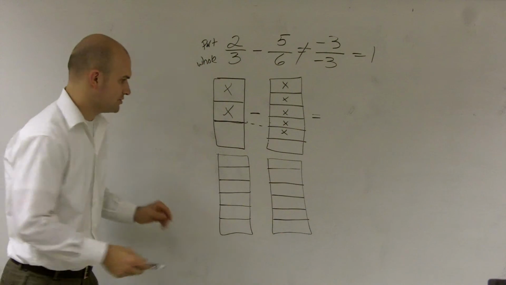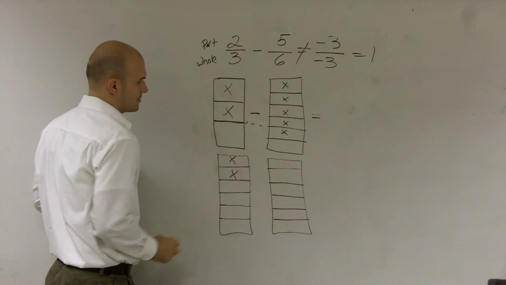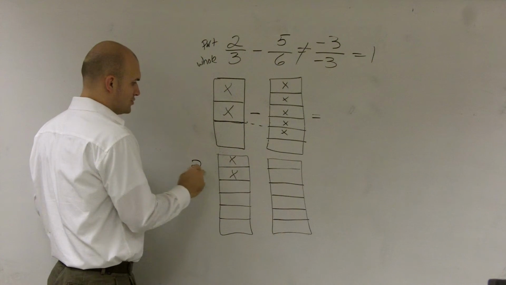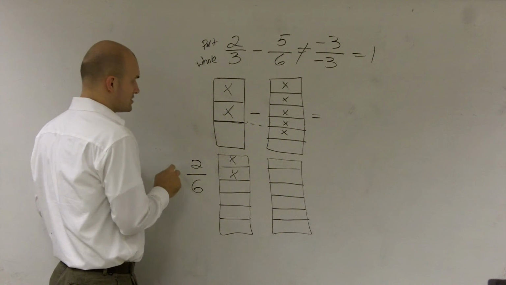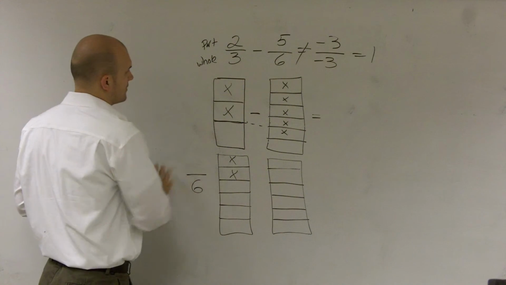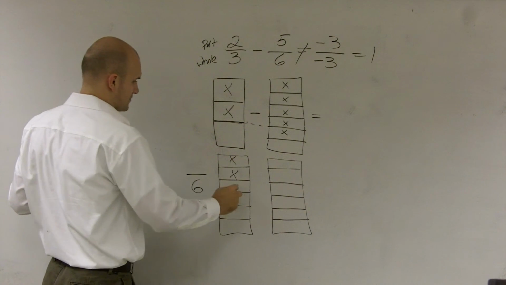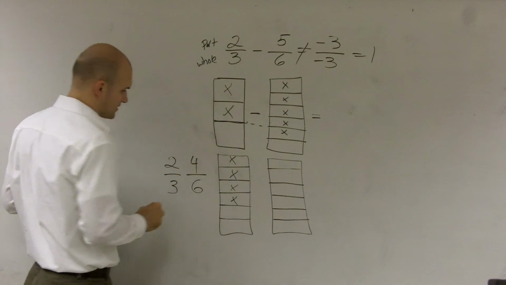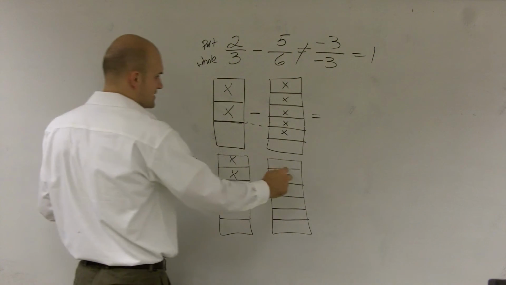What you'll notice is 2/3 is right there, because that's 4 parts out of 6, which is still 2/3. And then this one is 5/6.